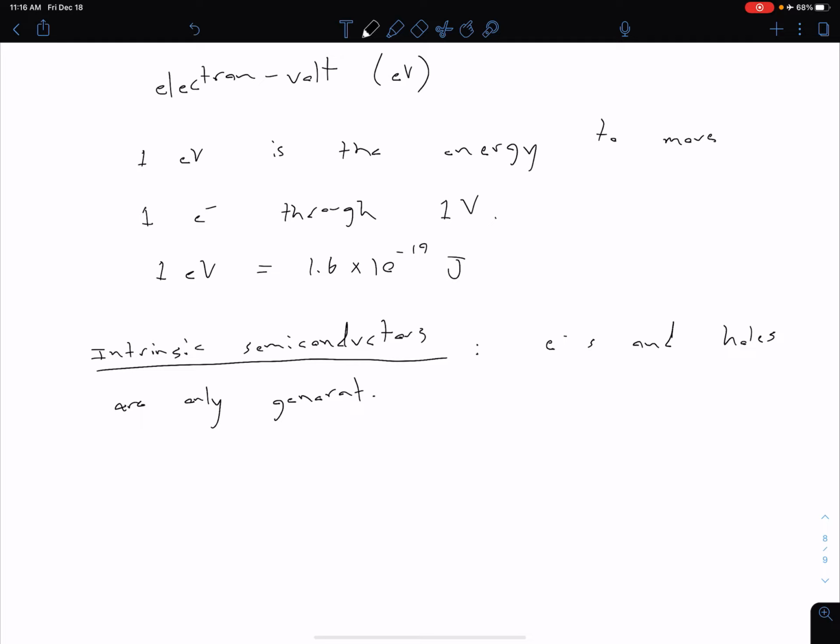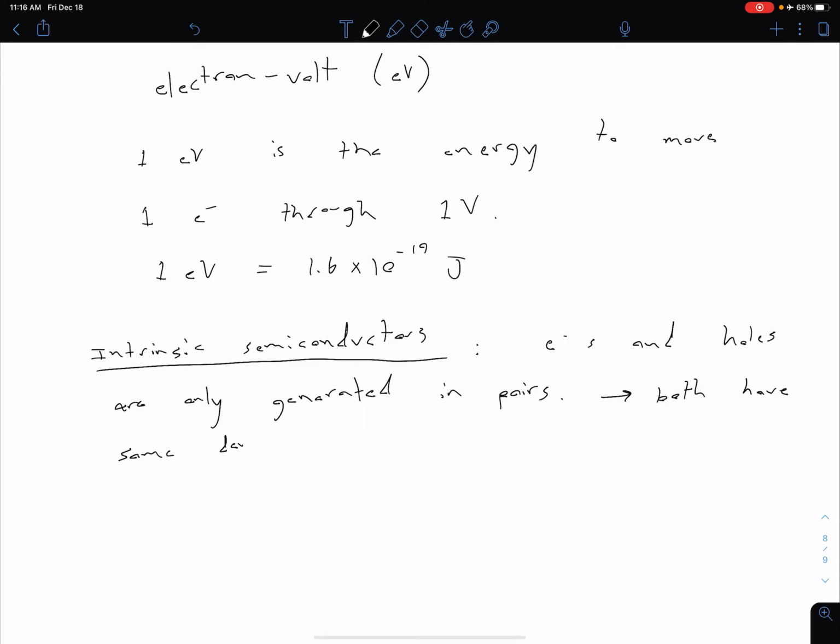And so of course we're going to come back and contrast that when we look at our extrinsic semiconductors, but for now we've only seen how these things are generated in pairs. What that means is for every electron there's a corresponding hole, and of course vice versa. So both have the same density in our crystal lattice.